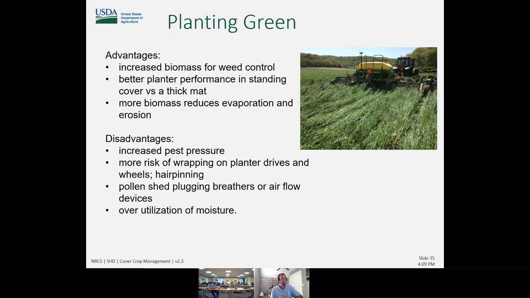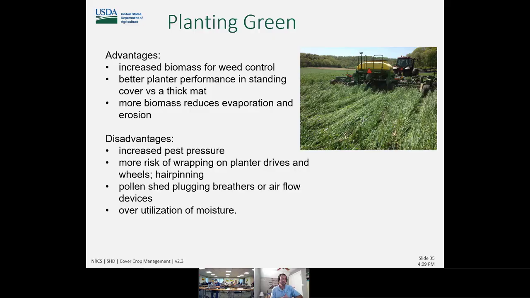We also see better planter performance in this standing cover than we do in a thick mat that may be laying on the ground, because you would really have to think about compensating for that in terms of seeding depth if you have a very thick mat of a couple inches of residue laying on that soil surface. Also, when we are able to achieve more biomass in that cover crop residue, we can help reduce evaporation and also protect against erosion.